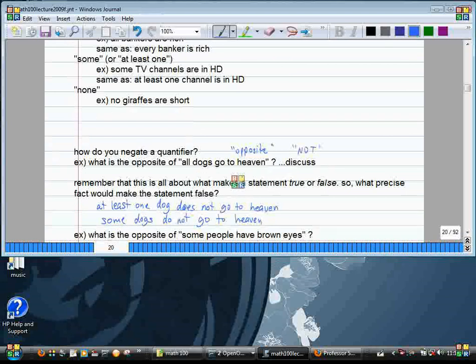So, some people do not have brown eyes. Does that make this statement false? If you know that some people do not have brown eyes, does that make this false? No. So all people do not have brown eyes. Or equivalently, no people have brown eyes.